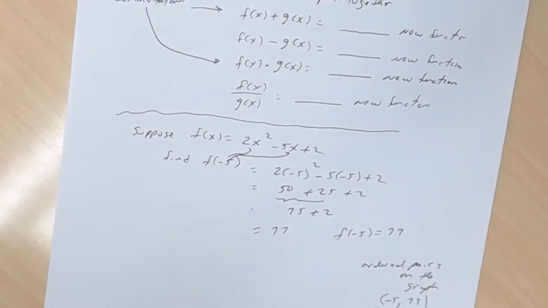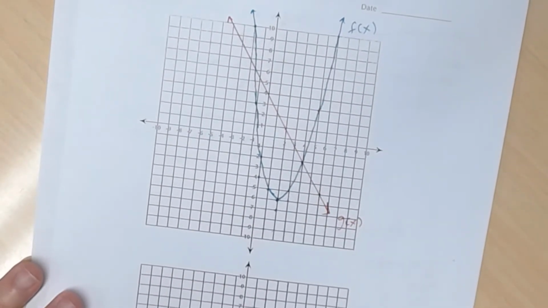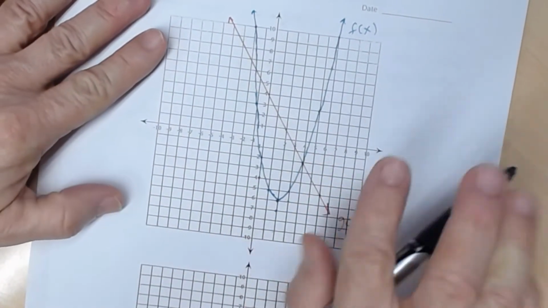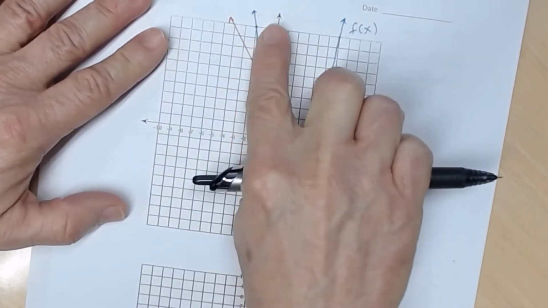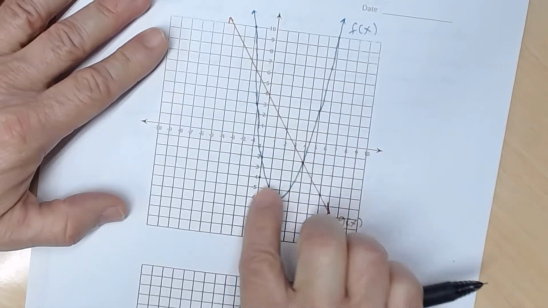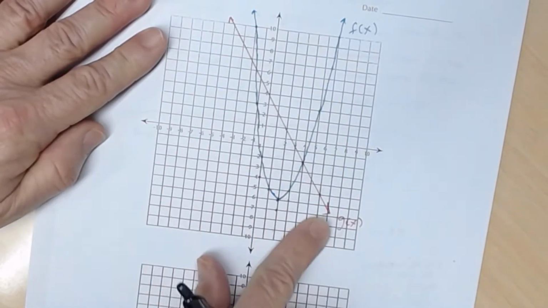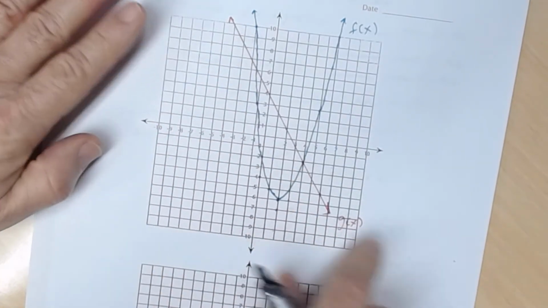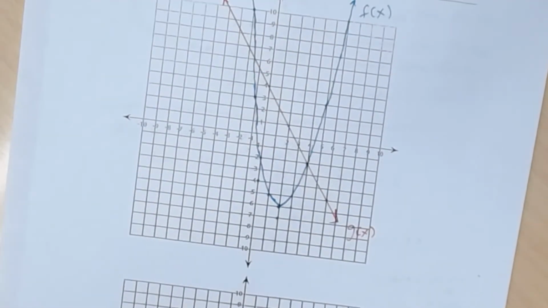But before we go on, let me mention something. Suppose I had these two functions. Notice that my function f of x here is quadratic. That's the blue graph. And the function g of x, which is linear, is this red graph. Now I just want to see if you remember how to do this. I'm going to expand this so you can see a little bit better.